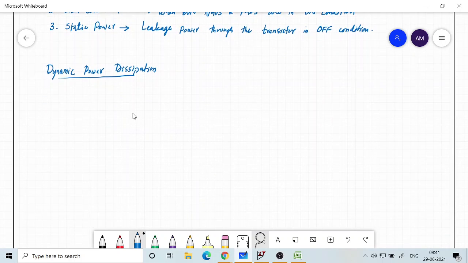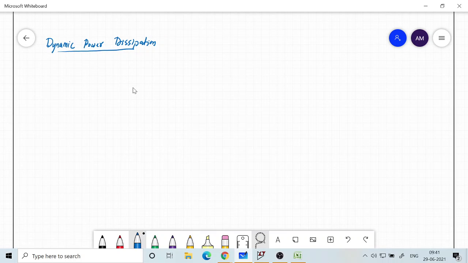So again we are going back to what we were looking at in the last class or yesterday in the lab also. So we have a PMOS which is connected to VDD, and then we have an NMOS connected to ground.